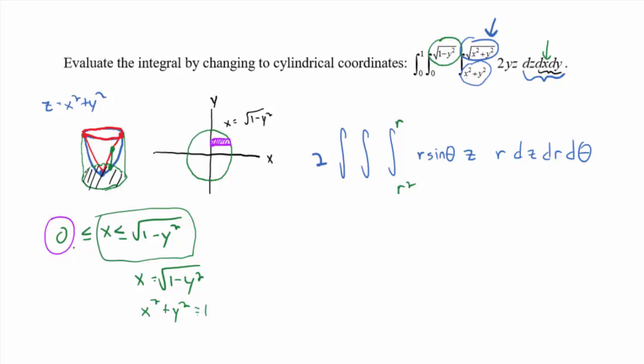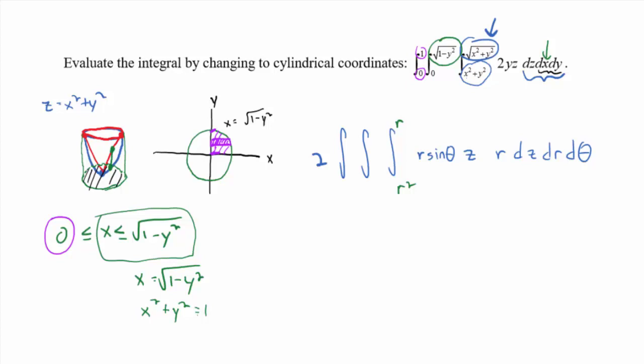However, knowing the original outer limits, y goes from 0 to 1, that's down here to here. So that does put you in the first quadrant. So it's the outer limits that limit you to the quarter disk.